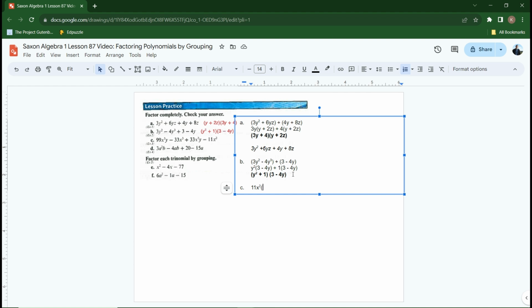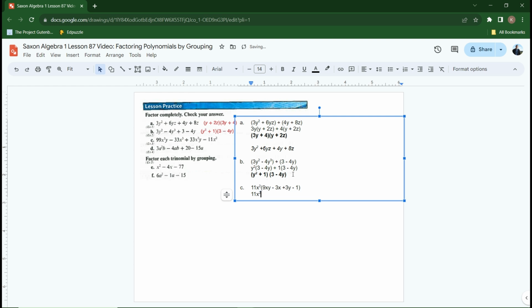What am I left with then? 9xy minus 3x plus 3y minus, let's see, I pull out 11x squared, so my last term is just 1, okay? Now, the next step, I'm going to keep 11x squared out front. It's coming along for all of the rest of the steps.